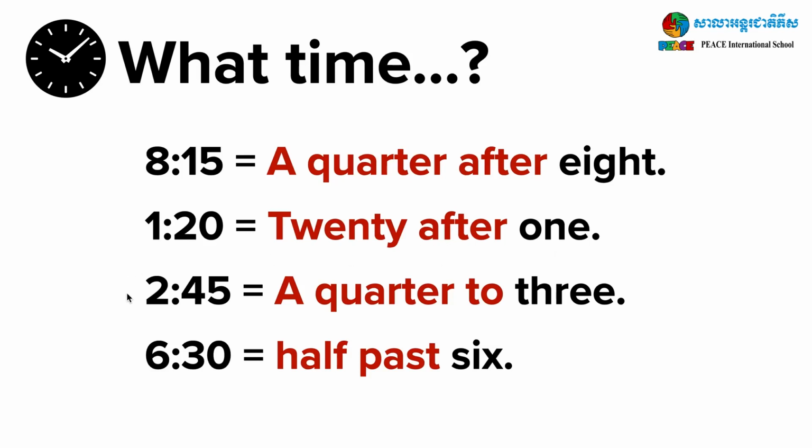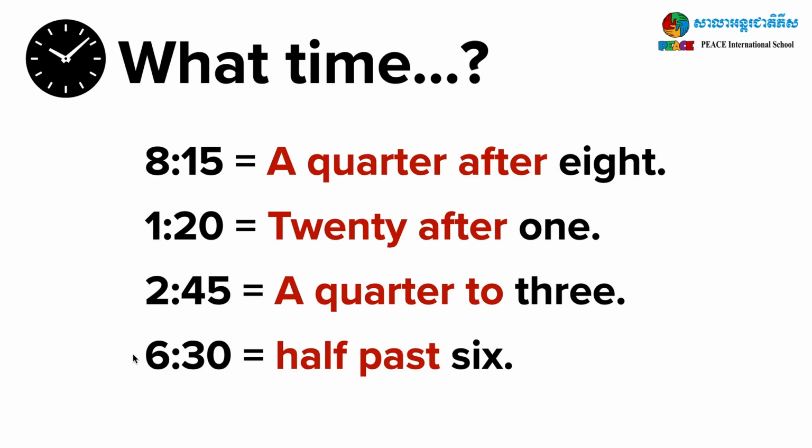Look at the next example. 2:45. Or we can also say a quarter to 3. 3 is the next hour, and we have 15 minutes until the next hour. So we can say a quarter to 3.